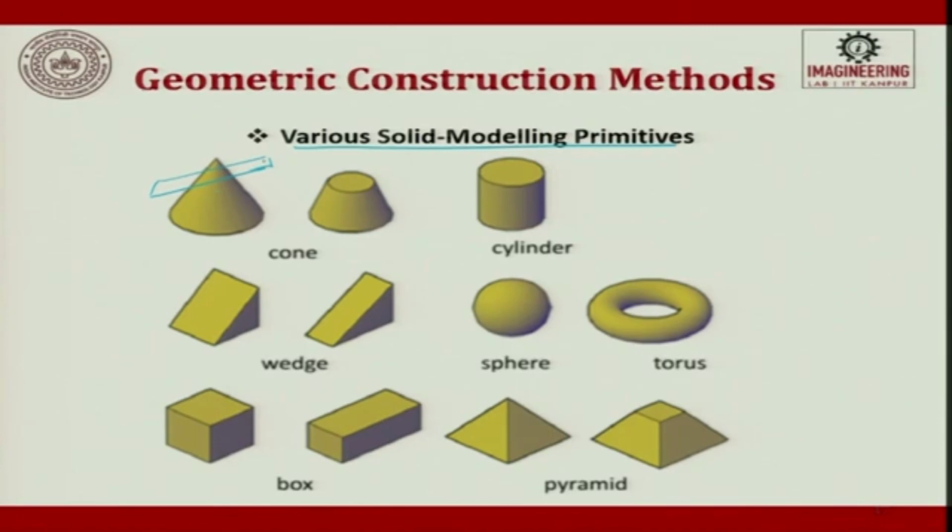You see here a cone is cut, you get a circle, then you draw a cylinder and cut it, you can get a wedge shape, then a sphere, a hemisphere, torus, cube, cuboid, pyramid, and a cut pyramid. These are the shapes already available in the library functions of any 3D software, and under solid modeling you have all these options.